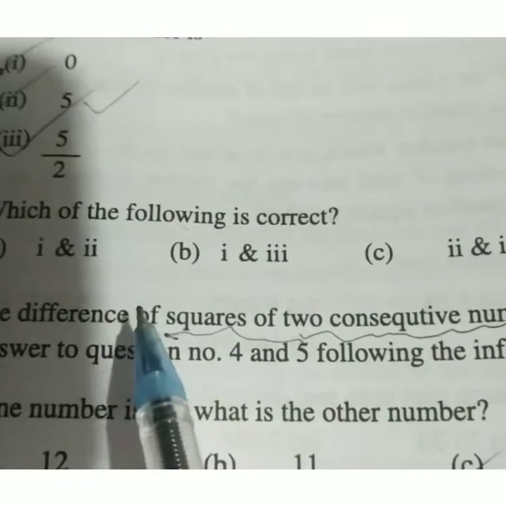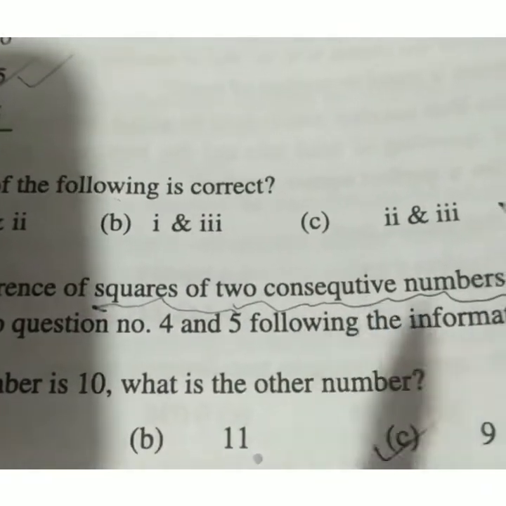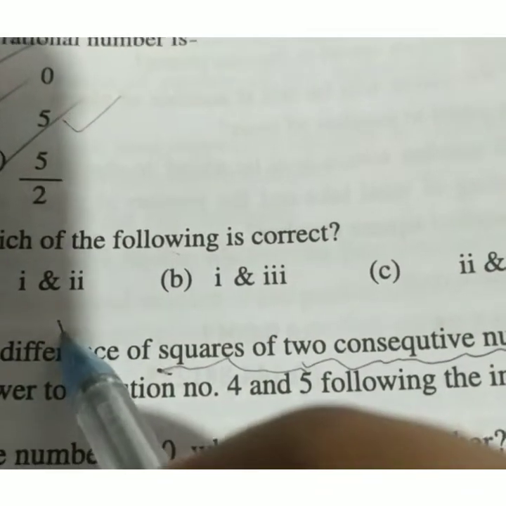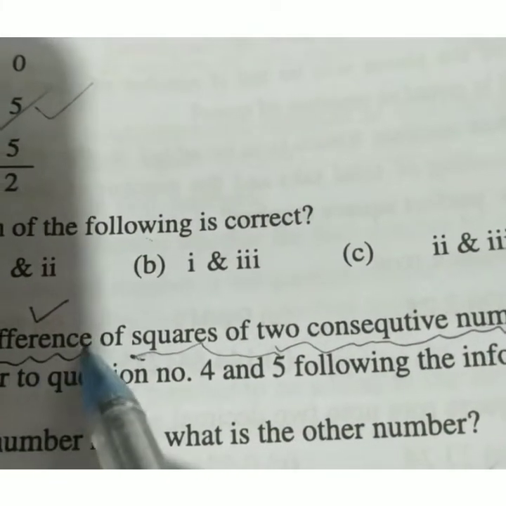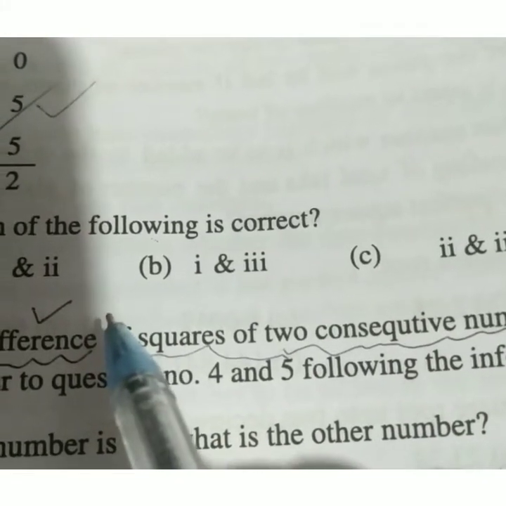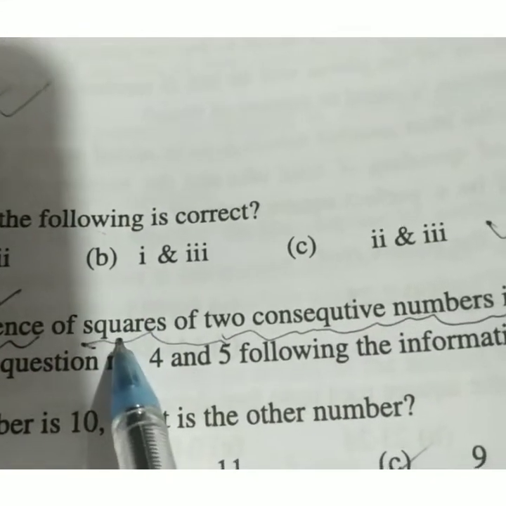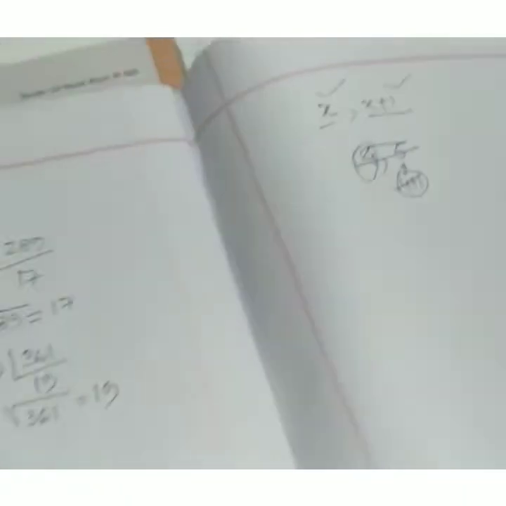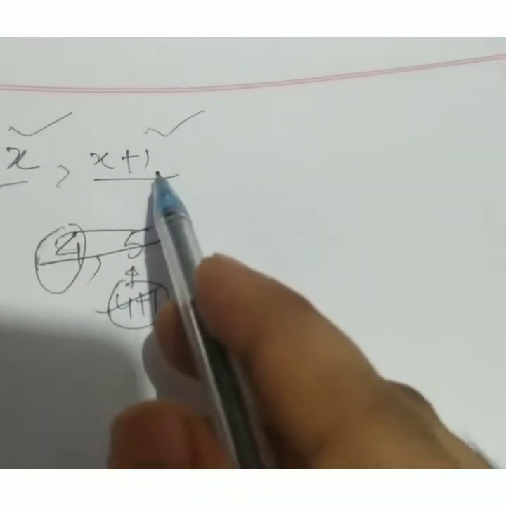Now I move on to the information that is given. The difference of squares of two consecutive numbers is 19. So what do I understand by difference? Difference means subtraction. Difference is the result of subtraction. So two consecutive numbers, I got x and x plus 1.